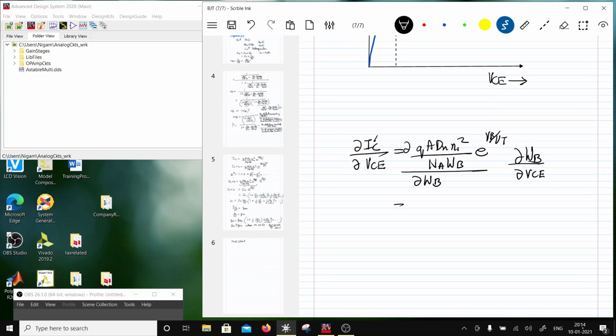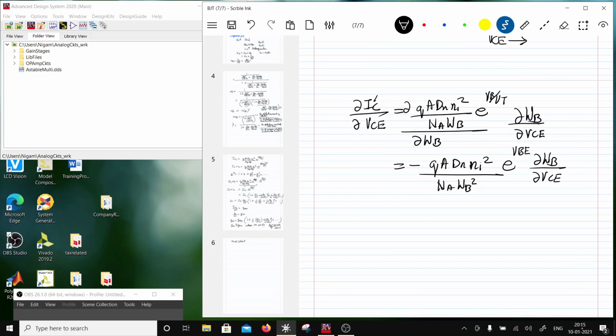So in this case this will become minus QADN Ni square divided by NaWb square, right? E raised to VBE, dou WB by dou VCE, right? Now this is basically 1 over RO.